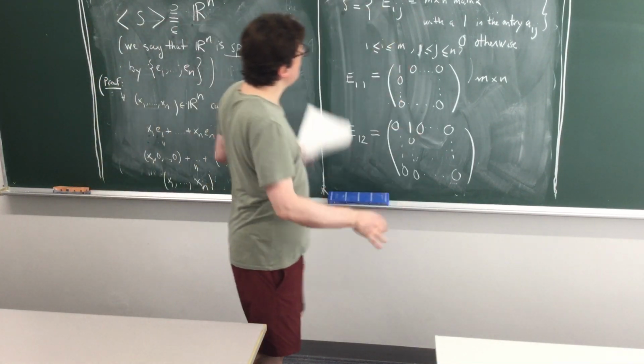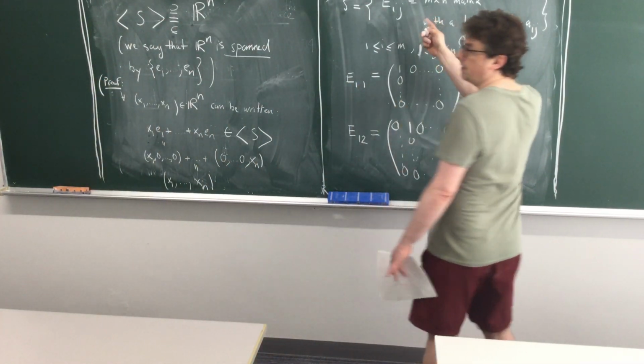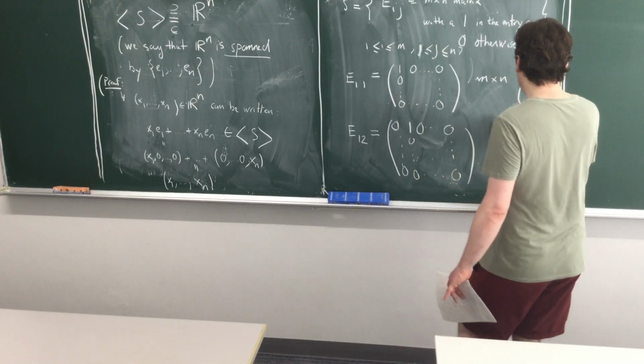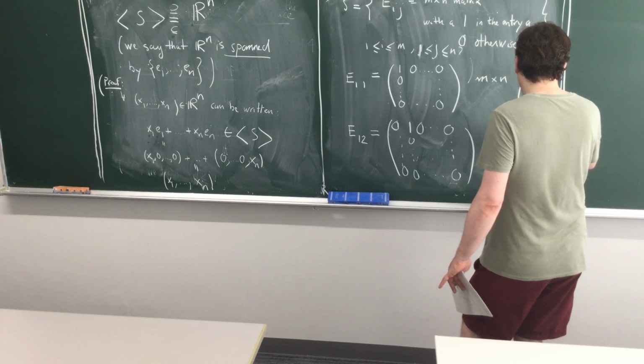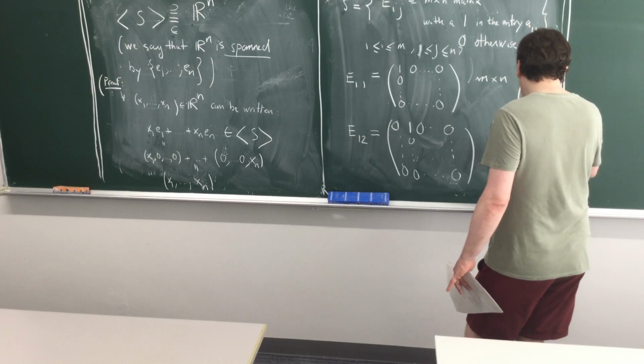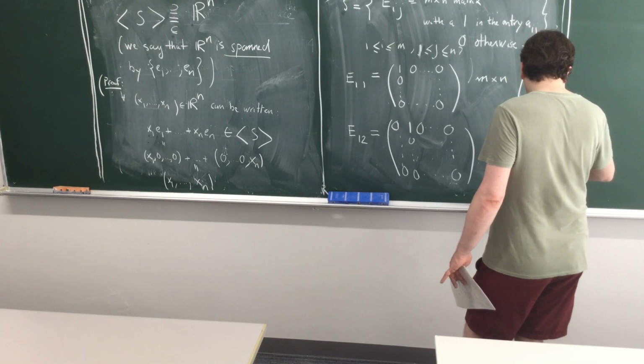So all together, how many vectors do we have here? This S has how many elements? It has m times n vectors.